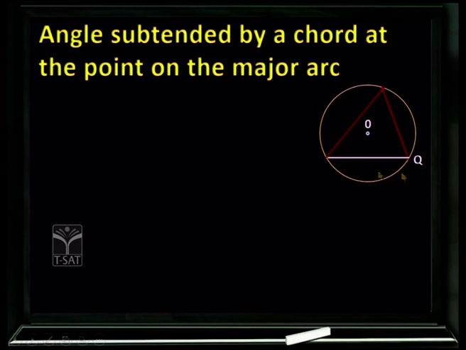Now, the angle subtended by a chord at a point on the major arc. See, this is the circle, PQ is a chord, and R is a point on the major arc. Now, PRQ is an angle.